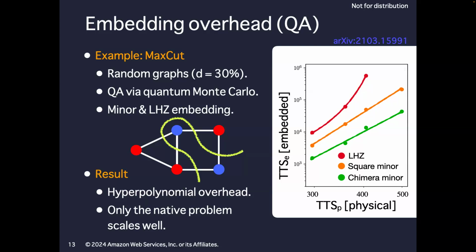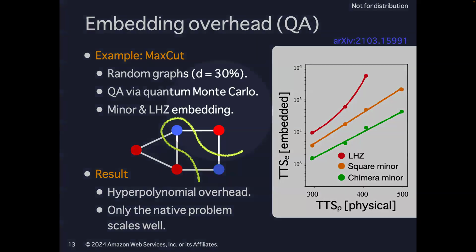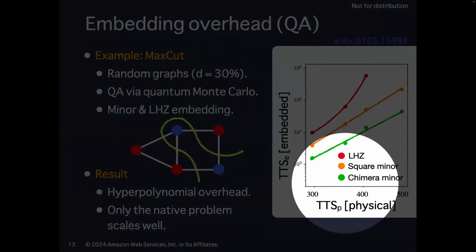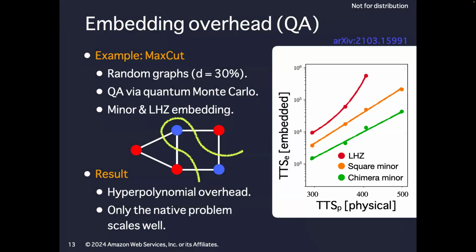And then we used the Lechner-Hauke-Zoller approach, where you use this parity-type approach of embedding problems. What you can see here is the time to solution of the embedded problem as a function of the time to solution of what we call the physical problem. If you were to run simulated quantum annealing directly on the original problem, that's this axis, and if you do this on the embedded problem, it's that axis.